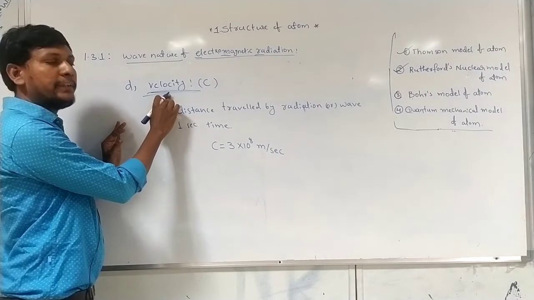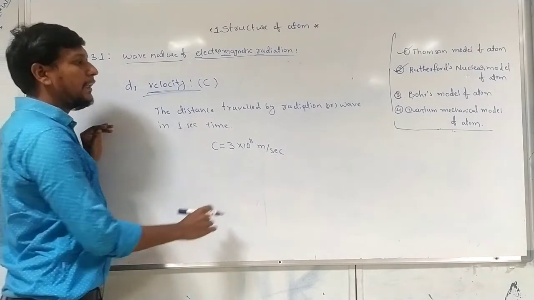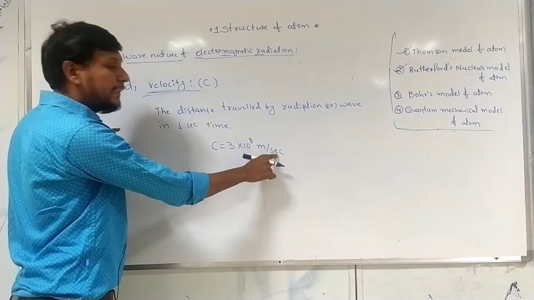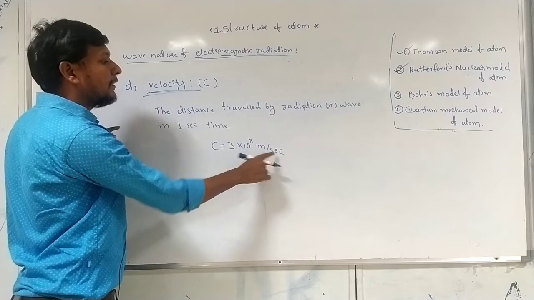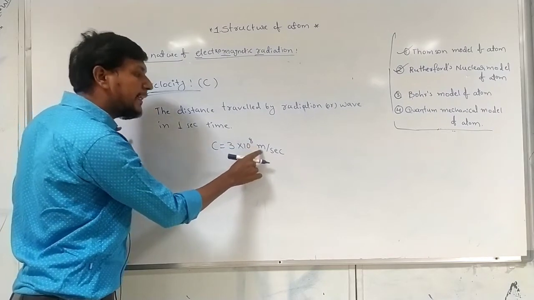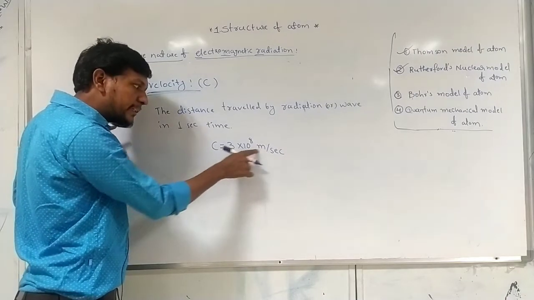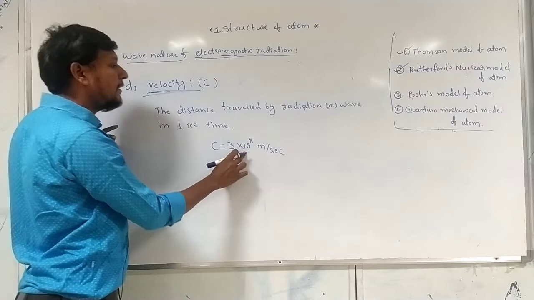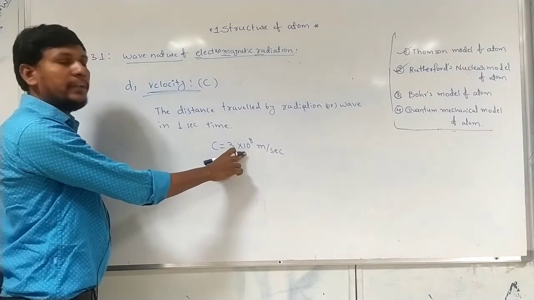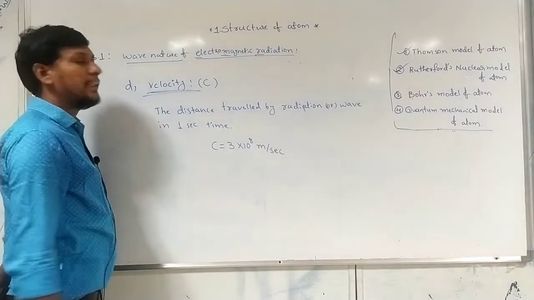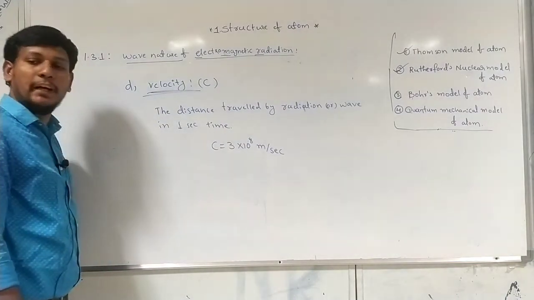The speed of light, in 1 second, travels a distance of 3.0 into 10 to the power 8 meters. This much distance the light, the radiation, travels. That is considered as the velocity of light.